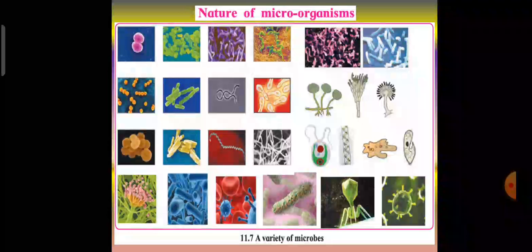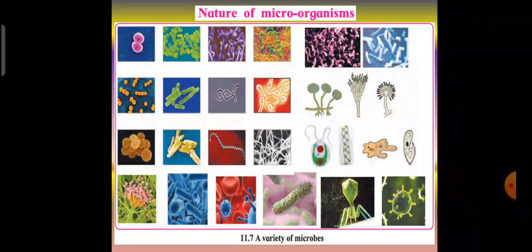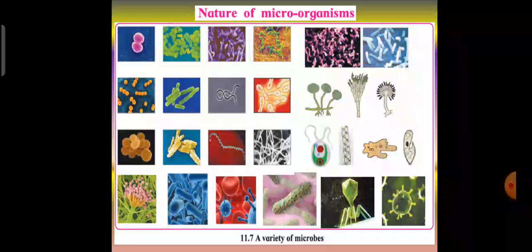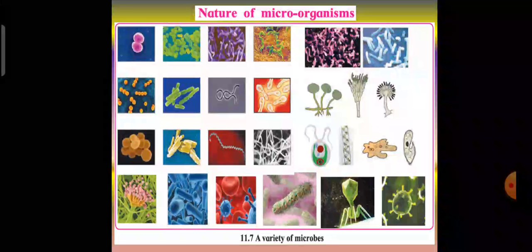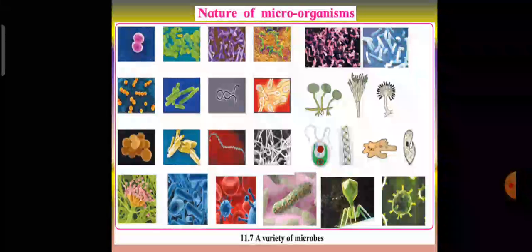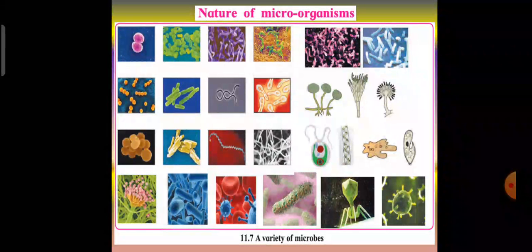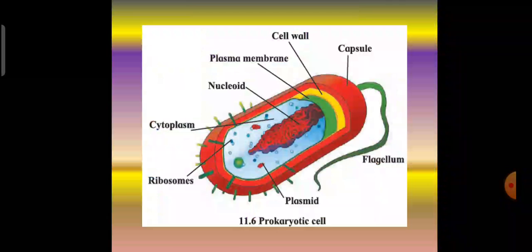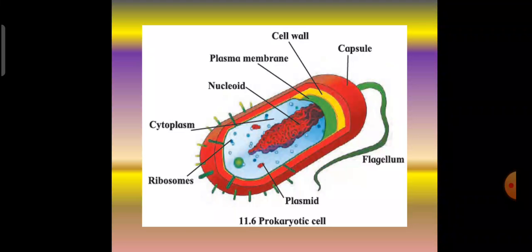Some of the microorganisms live singly, while others live in colonies. Amoeba and paramecium live singly. So microorganisms are prokaryotic cells. That means they lack bound cell membranes.